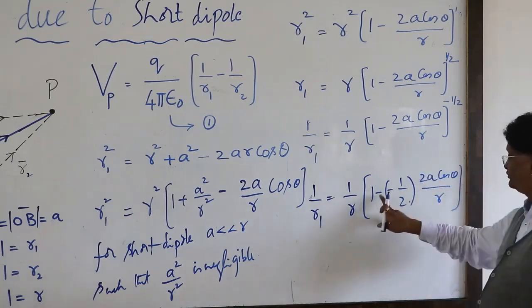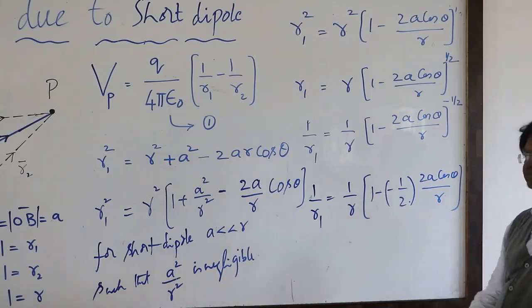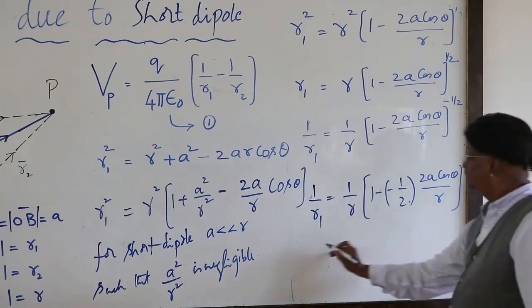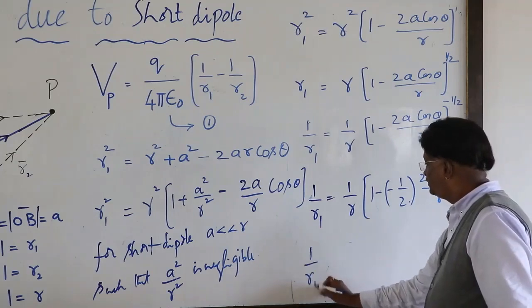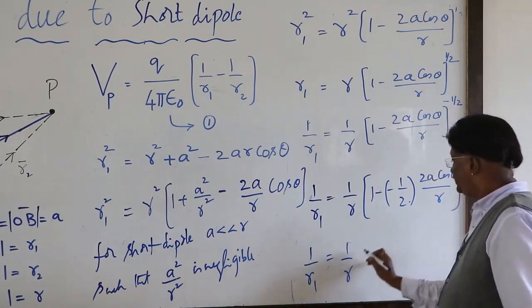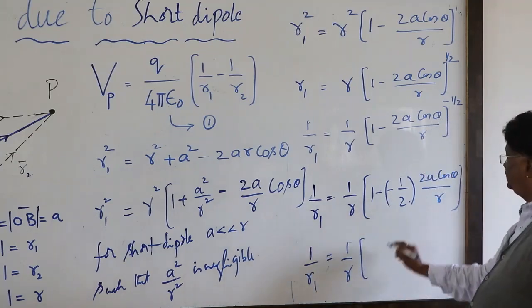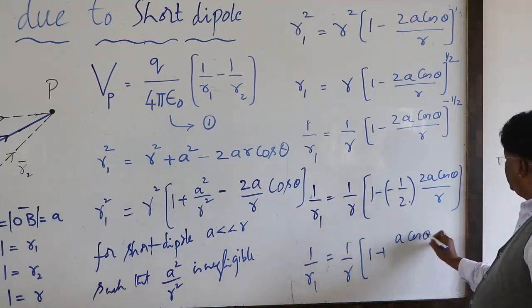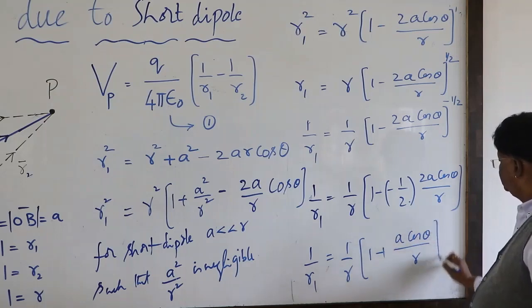The 2 gets cancelled, and the minus of minus becomes positive. That is how you do it. Is it okay? So 1 upon r1 is 1 by r times 1 plus a cos theta by r.